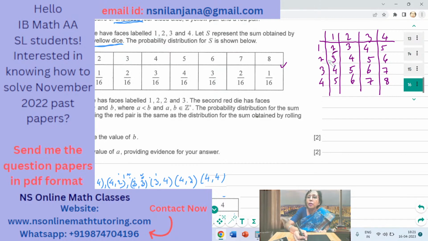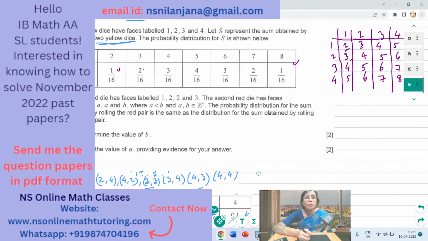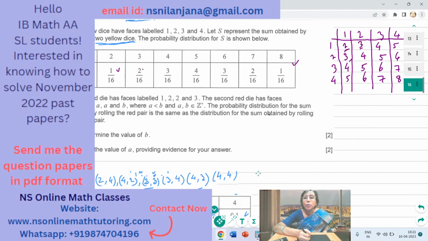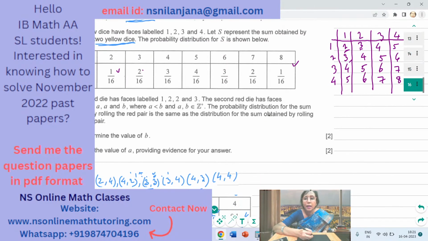Getting a 2, you are having only one 2, so it is 1 over 16. 3, you are having two 3s, so it is 2 over 16. That way you will get all the probabilities.